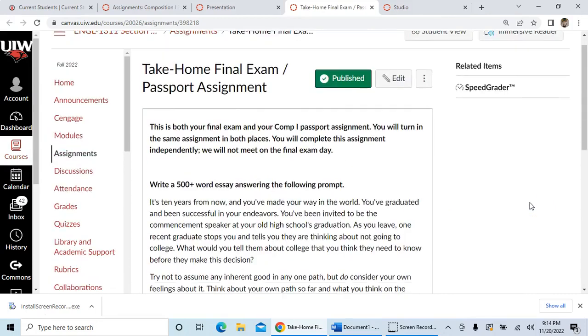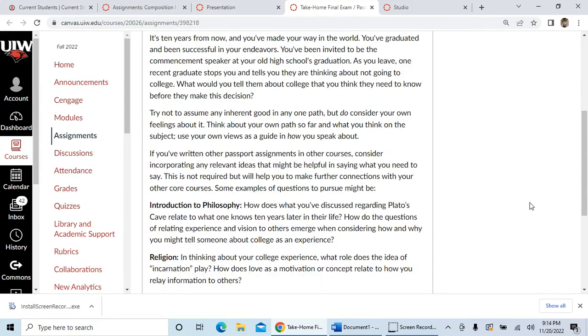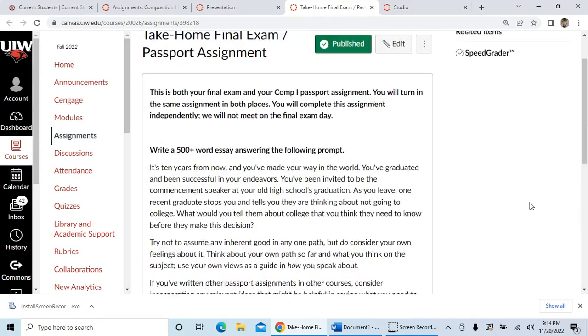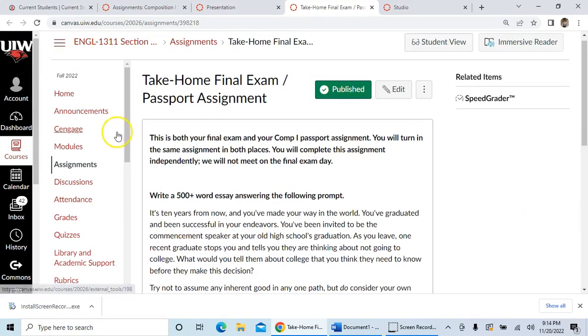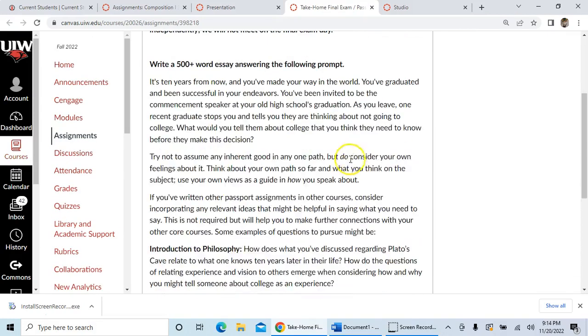Okay, so I'm going to read through this, and then we should be good to go after that. So, alright, this is both your final exam and your Comp 1 passport assignment. You will turn in the same assignment in both places. You will complete this assignment independently. We will not meet on the final exam day. Write a 500-plus word essay answering the following prompt.